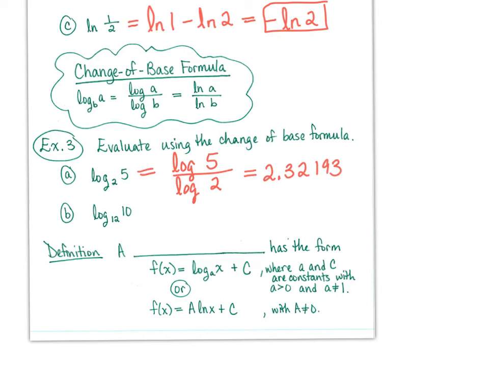Now, part B, the log of 10 base 12, that's equal to, I'll use the natural log this time, the natural log of 10 divided by the natural log of 12. And when you enter that into your calculators, you will get 0.92663. Okay? All right. So that's an application of the change of base formula.